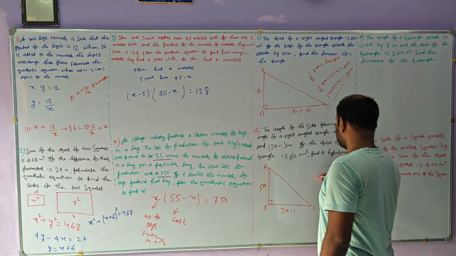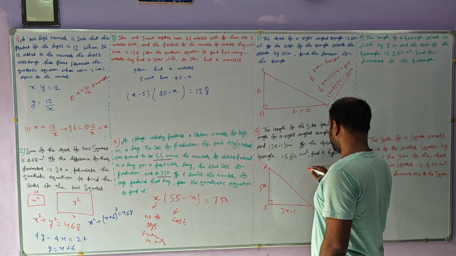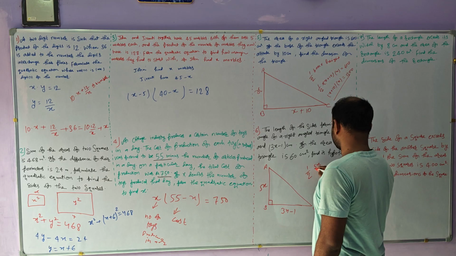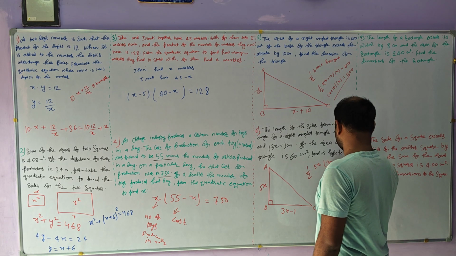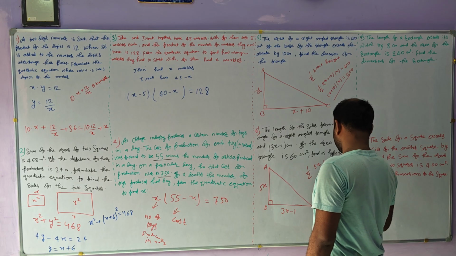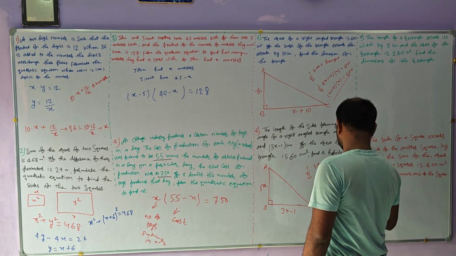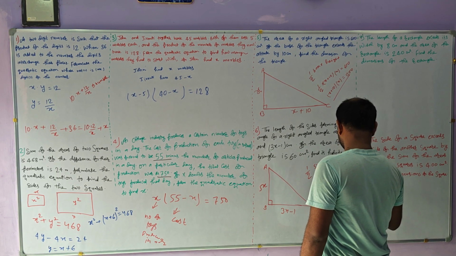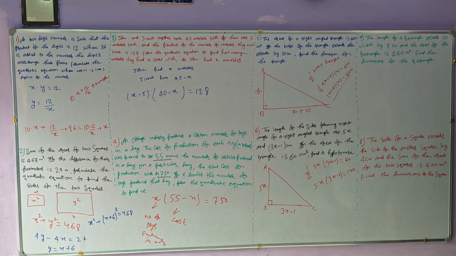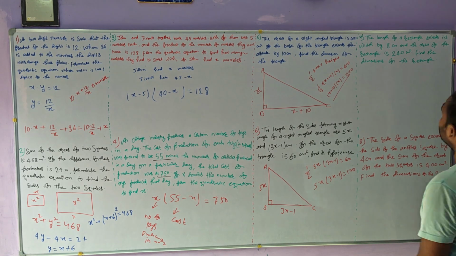We draw a triangle ABC with a 90 degree angle at B. The area is half into base into height, that is half into 5x into (3x minus 1), which is 60. So 5x into (3x minus 1) is 120. We solve the quadratic equation and get the result, 12, for the side of the triangle.